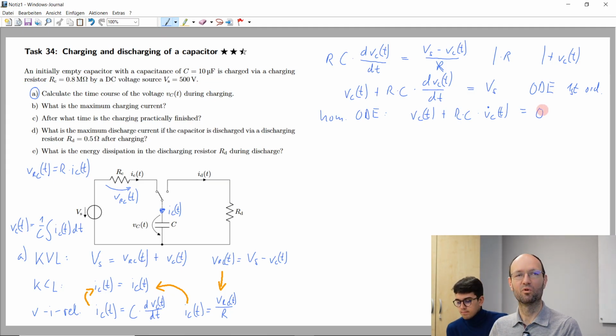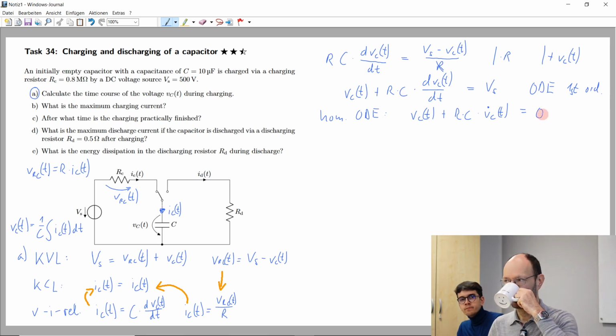And what is the motivation, or what is the rationale behind setting the source to 0? I mean, later on we will set the source back to the real source, but why is it still useful and helpful to take a look at this equation without the source?